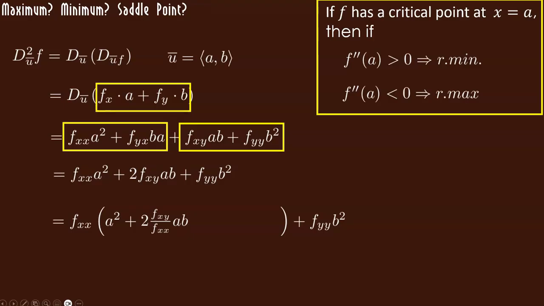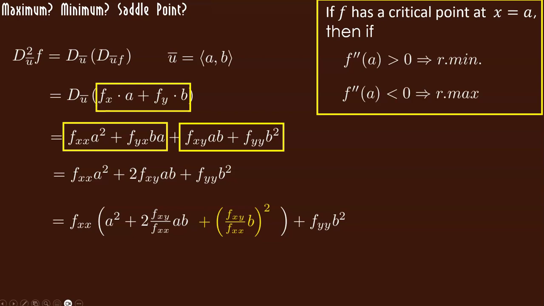So to complete the square, I have to take half of this 2 of f_xy over f_xx times b. So I get f_xy over f_xx times b, and then I have to square it, and I add that. But I can't just add any old thing. I need to subtract on the outside whatever I added on the inside. And this is a little tricky here.